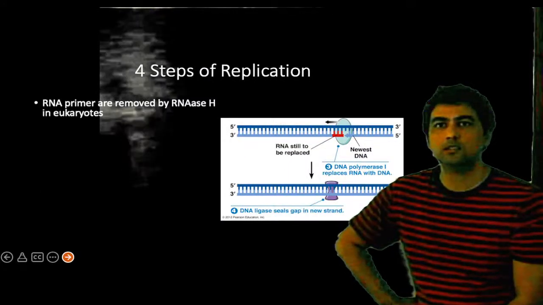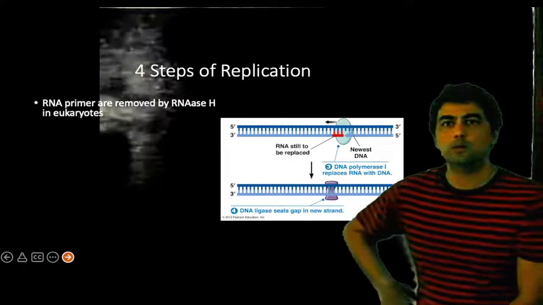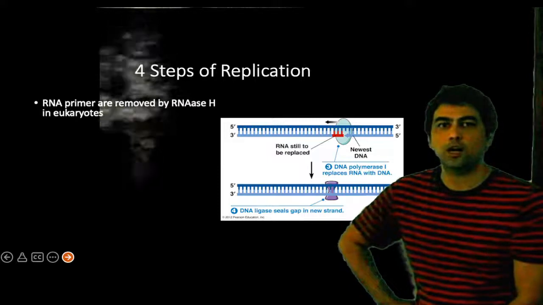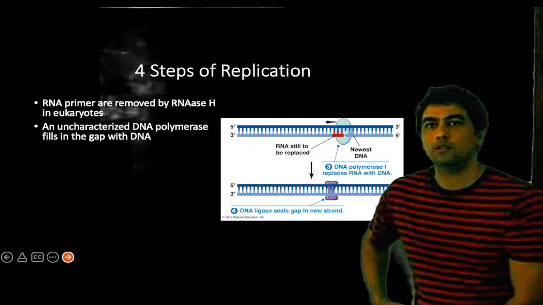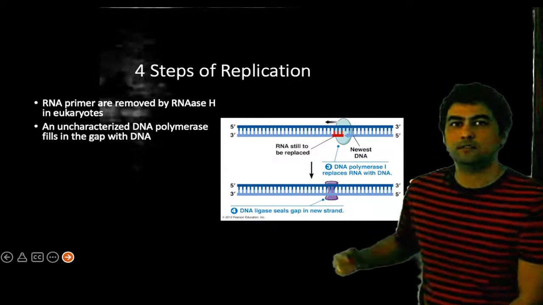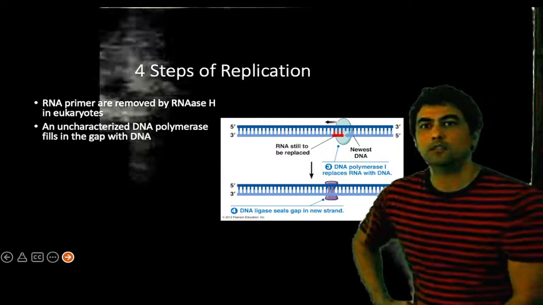The last RNA primer, like here, is removed by RNase H in eukaryotes. An uncharacterized DNA polymerase fills in the gap in the DNA.